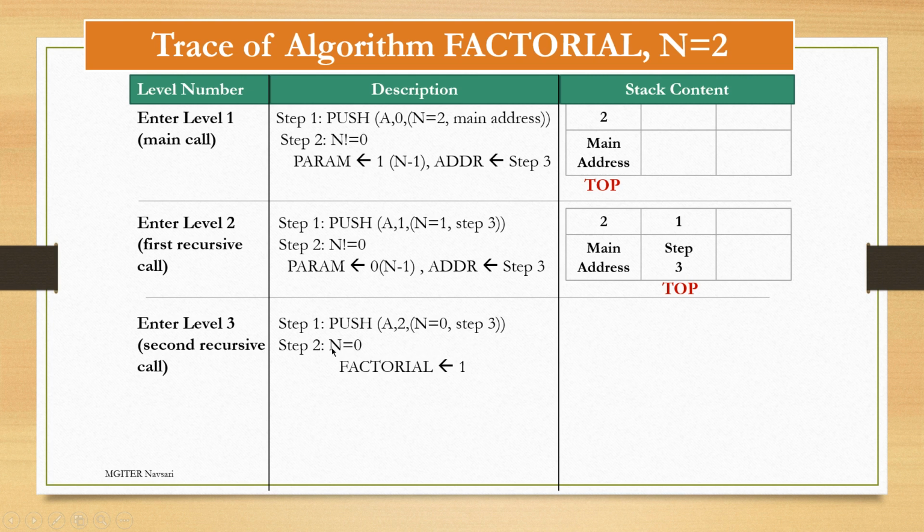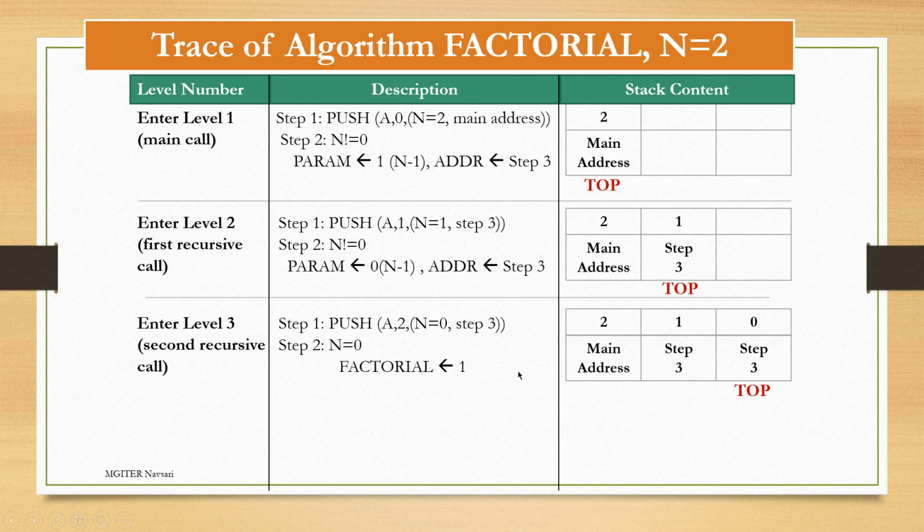Now in step 2, the value of n is equal to 0. So the value of factorial is equal to 1, which is given in the algorithm. So our stack looks like that, this value is inserted into the stack.